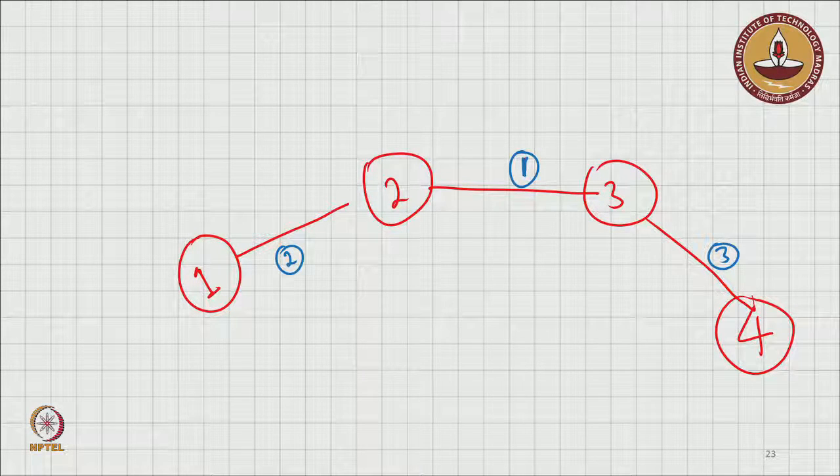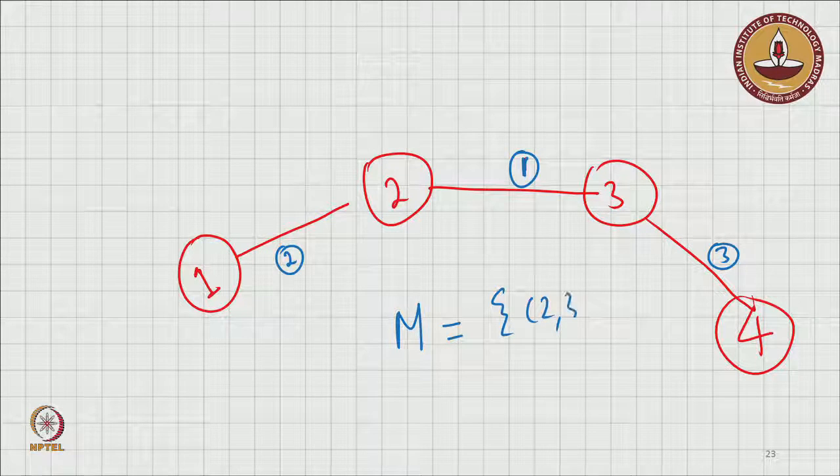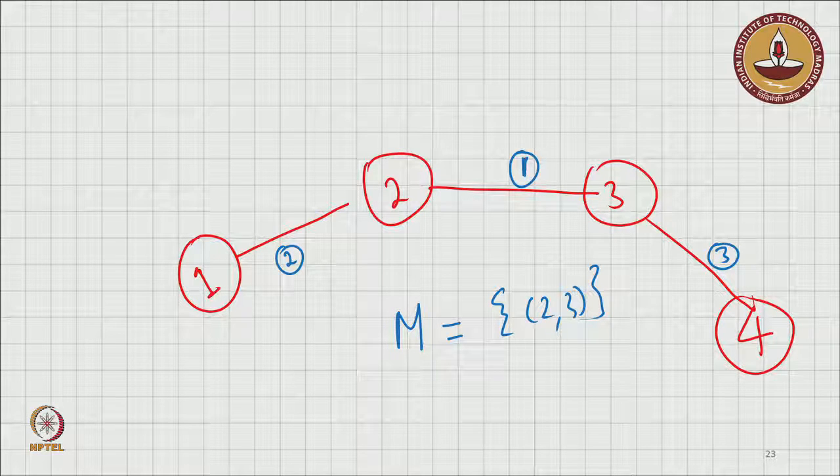Let's say you get the edges in this sequence, then your M after the first iteration will be the edge 2 comma 3, and then when you try to add the edge 1 comma 2, it will violate the matching condition because they share the vertex 2. So, this edge 1 comma 2 will not be added.